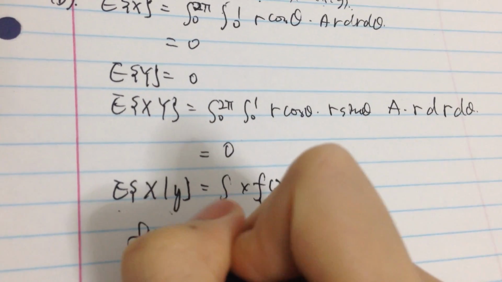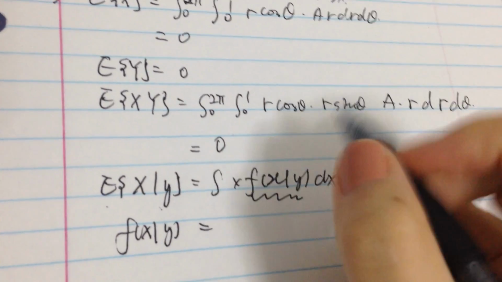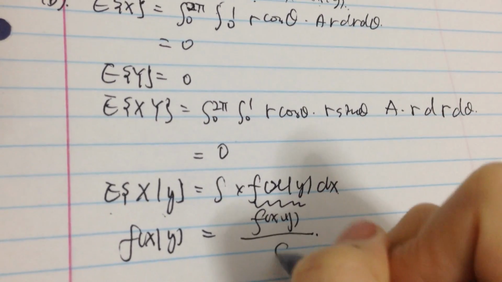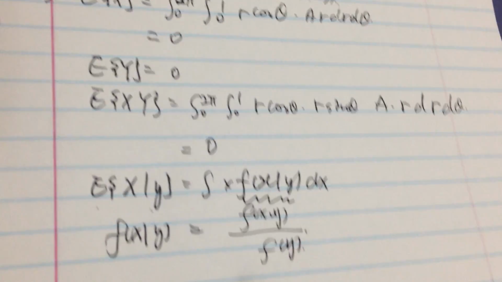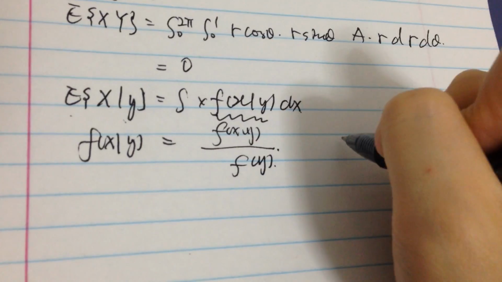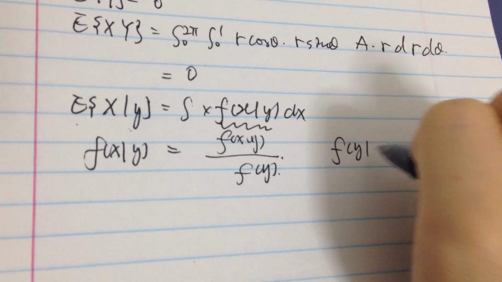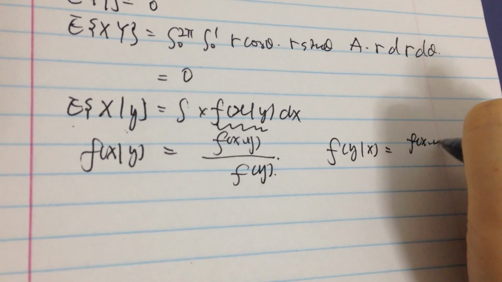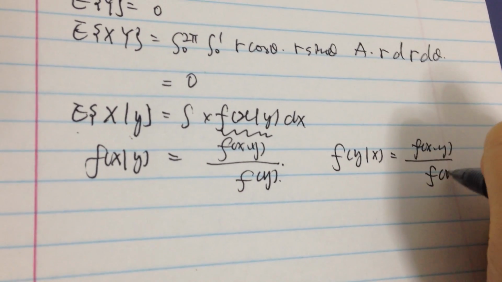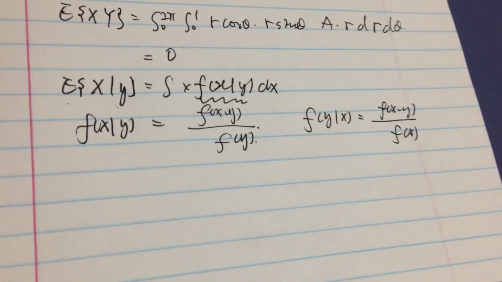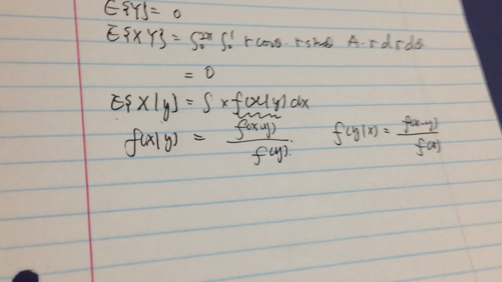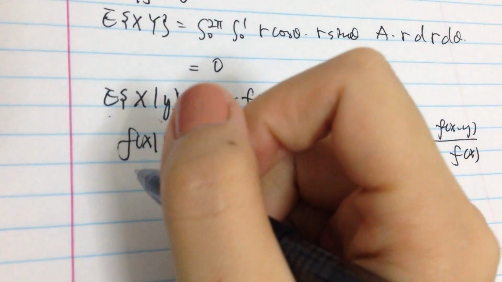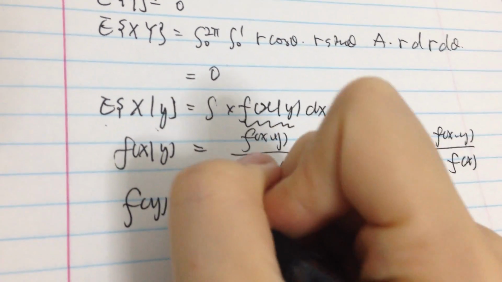We're also going to calculate the other one, so we're going to use it later. Here is f of x y, f x, and f y.